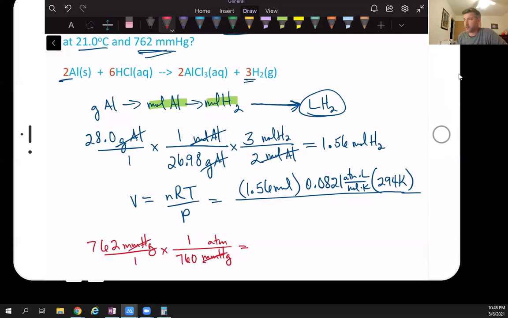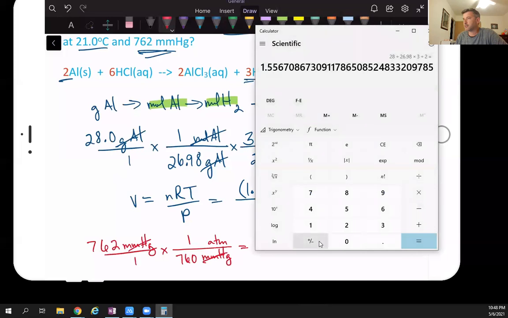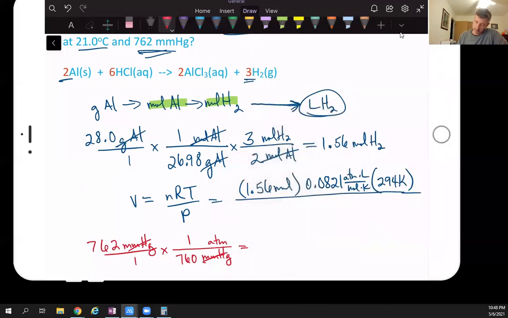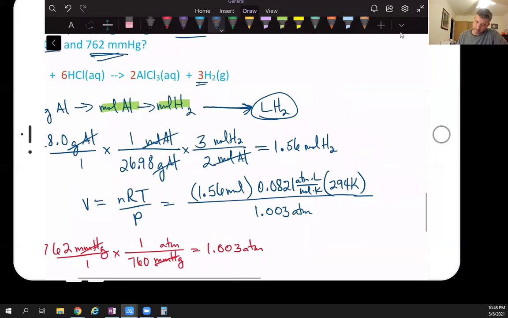So it's going to be very close to 1 atmosphere, but let's just see. 762 divided by 760, 1.00, we'll call it 1.003. Why not? Okay, so 1.003 atmospheres.